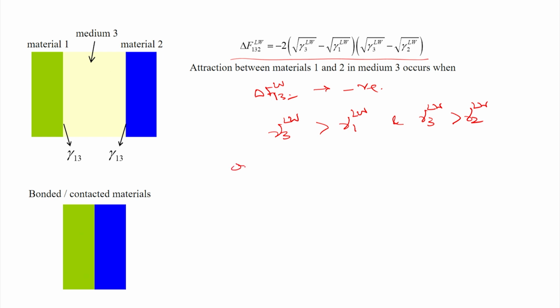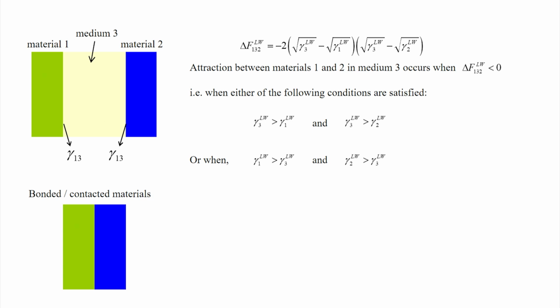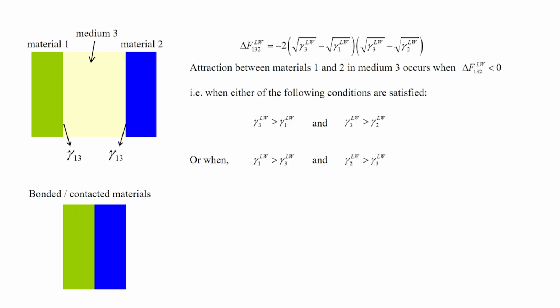Or, let us say, when gamma 3 LW is smaller than gamma 1 LW and gamma 3 LW is smaller than gamma 2 LW. So, when either of these conditions is satisfied, the whole thing, delta F 132, will be negative, and then there will be attraction between these materials. What it means is that gamma 3 will be greater than both gamma 1 and gamma 2, or gamma 3 can be less than both gamma 1 and gamma 2.